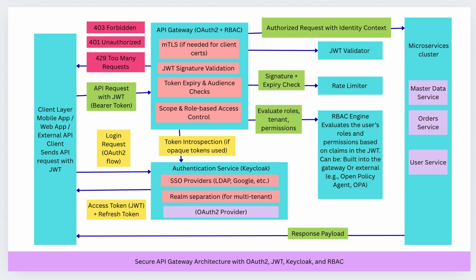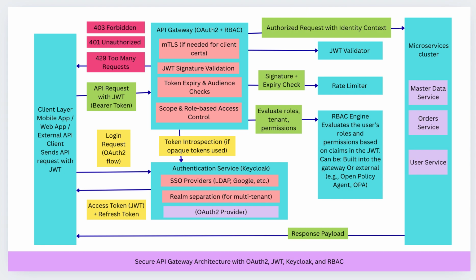And then we have email, the authenticated user's email address. We include the user's email as a human readable identity field. It's useful for logs, user profile resolution, and some UI personalization.